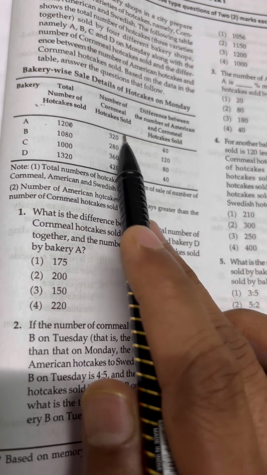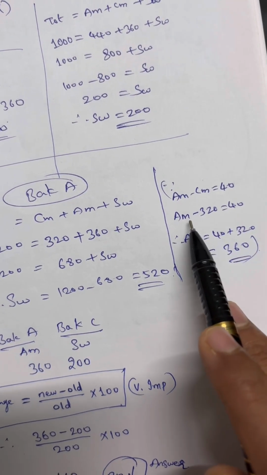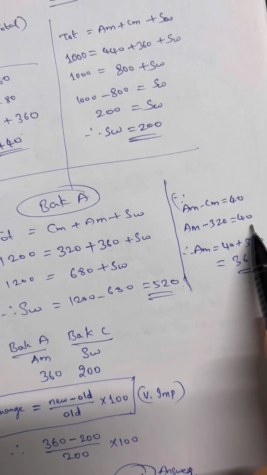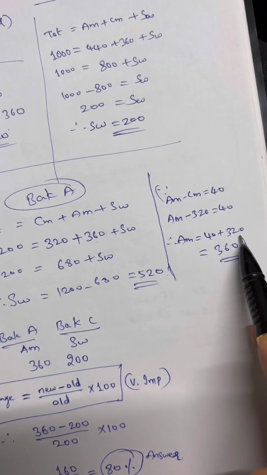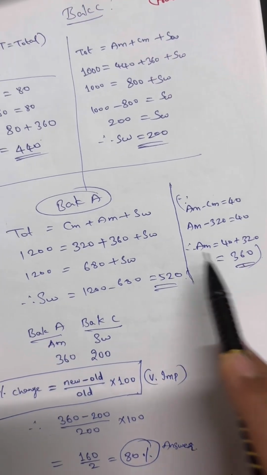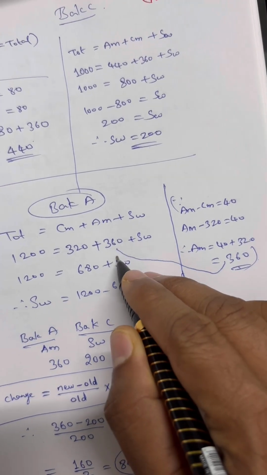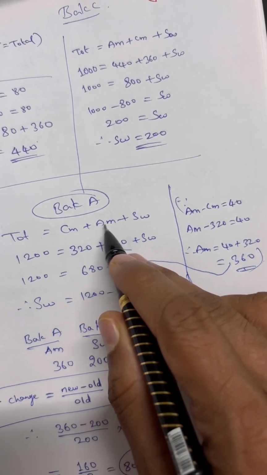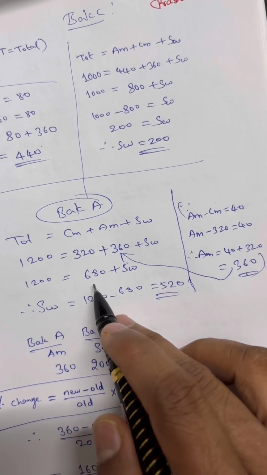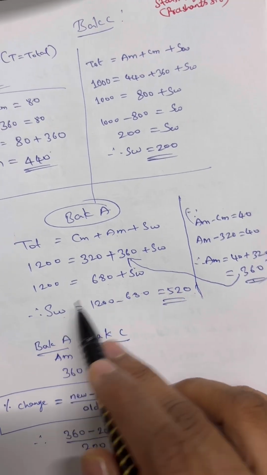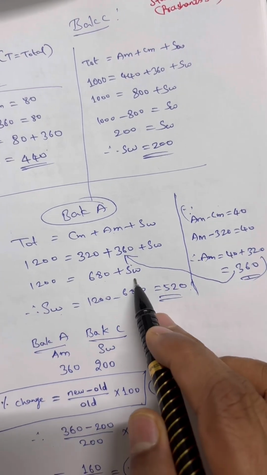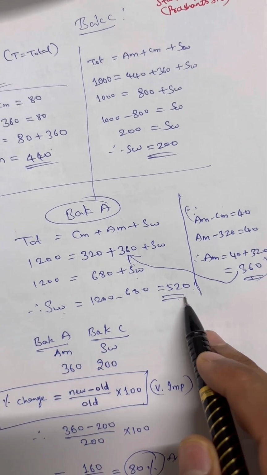So American equals 40 plus 320, which is 360. So American is 360. Then 320 plus 360 is 680. Swedish is 1200 minus 680, that means 520.